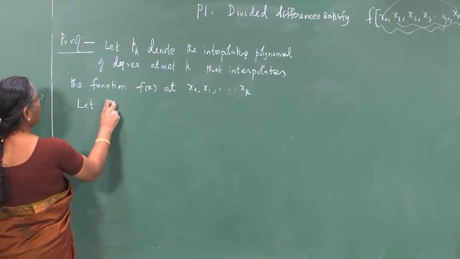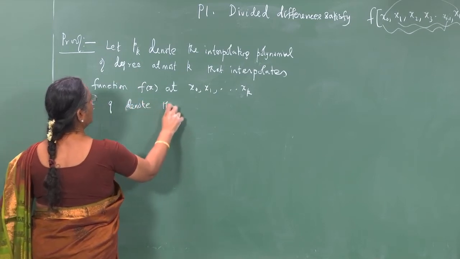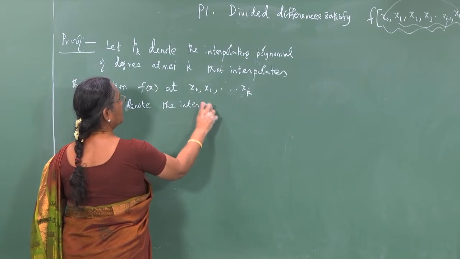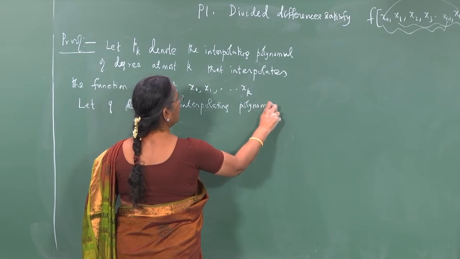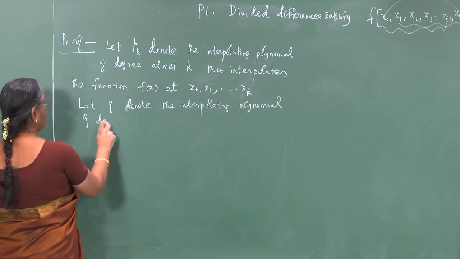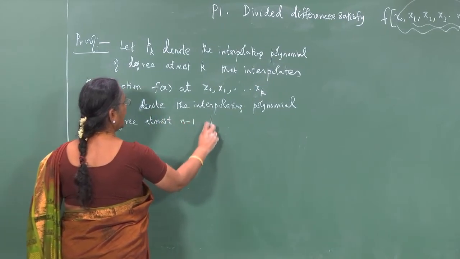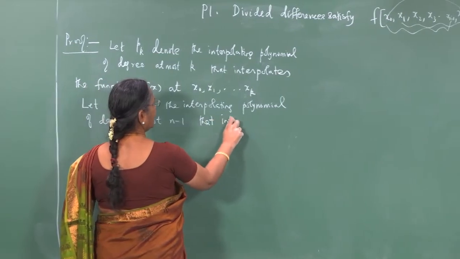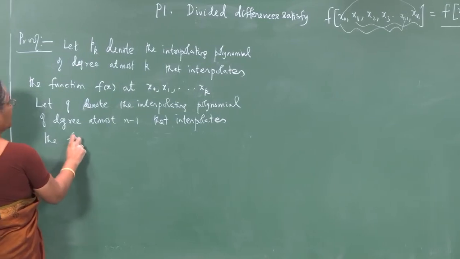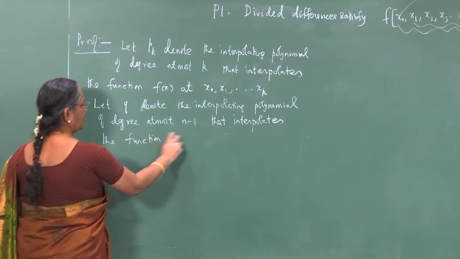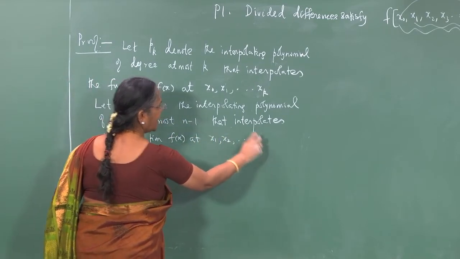And let q denote the interpolating polynomial of degree at most n minus 1 that interpolates the function f of x at the points x1, x2, etc., xn.